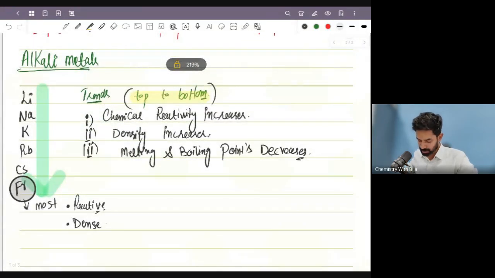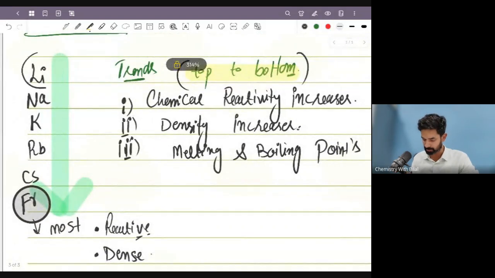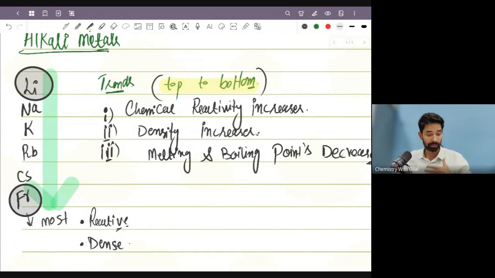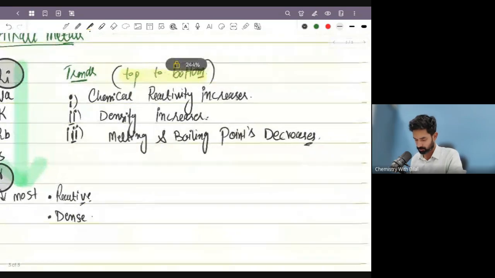So the trends in group 1, which are typical metals: the chemical reactivity increases, which means if you put francium and lithium, the exact same mass, in an equal volume of water, it is the francium that would react violently, a super fast reaction, because the trend is reactivity increases. So it is the francium that is most reactive, it is most dense, and it has the lowest melting point as well.